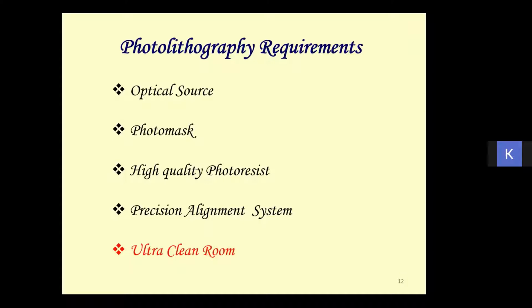So that is called a photo mask. Then there should be a good quality resist, which is also called photoresist in this case. An alignment system. Alignment system is mostly required in device type laboratories where you have several layers, one on top of the other, or maybe side by side, where you have to stitch different layers on a single wafer. In that case, an alignment system is very much required.